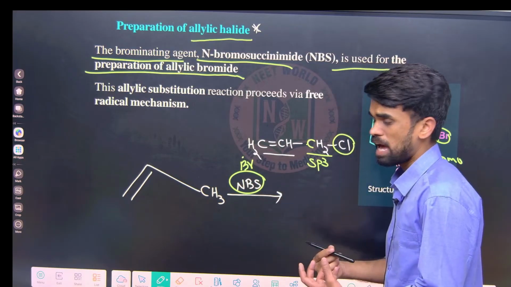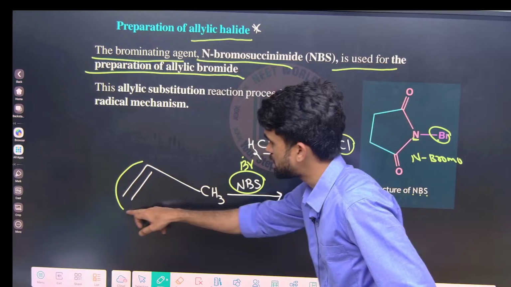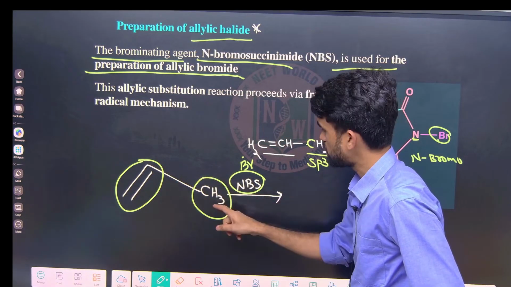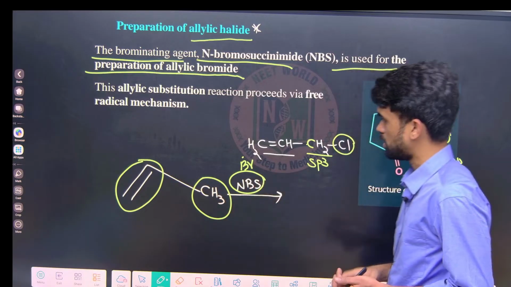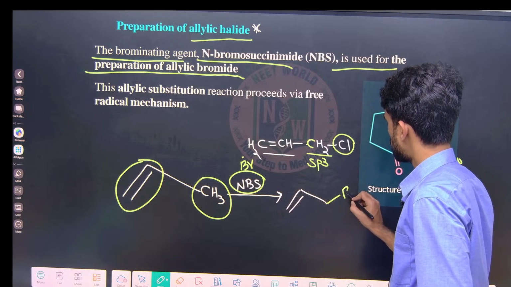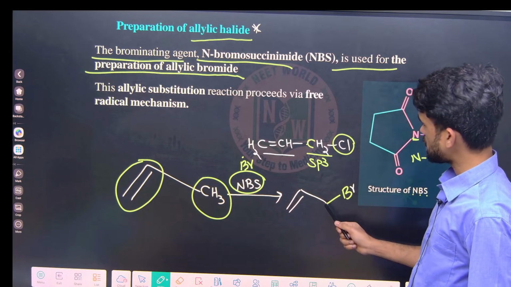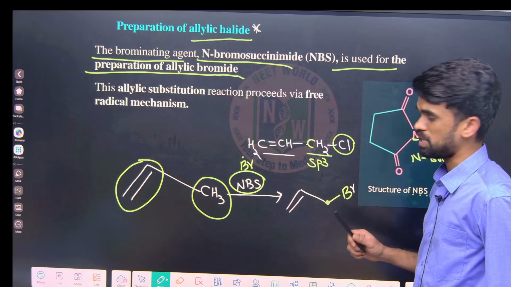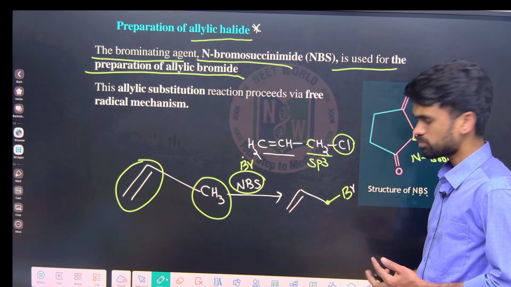Where does it happen? See, do not disturb this double bonded carbon. The adjacent carbon is there, so there you replace hydrogen by this bromine, so that you get the allylic bromide. It is the allylic position only, right? So you can say allylic bromination is taking place. Okay, is this clear? Right.